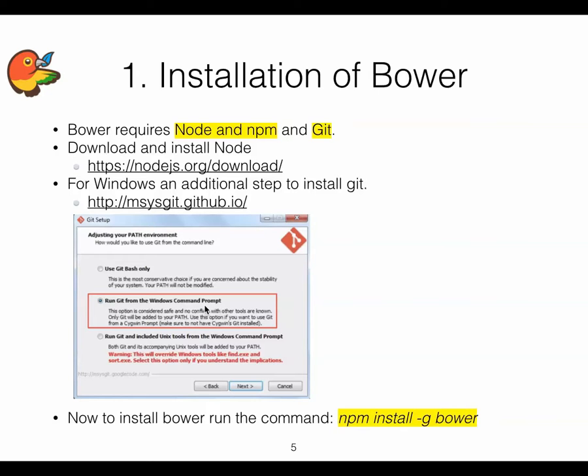Since Bower is a command tool, we need to have the permission so that we can run Git from command tool as well. So this will be an additional configuration for Windows users. And then after installing your Node and Git, you need to run just npm install -g bower. It will automatically download the required files in your local machine.